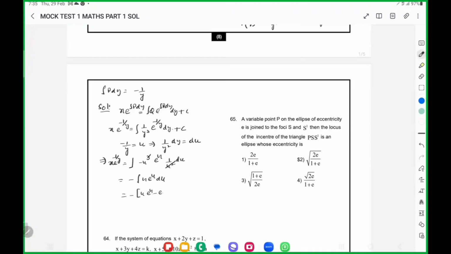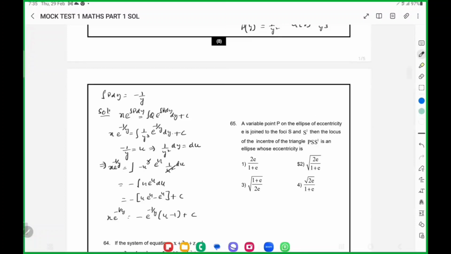Integral of e power u. So x e power minus 1 by y is minus e power minus 1 by y into u minus 1 plus a constant.